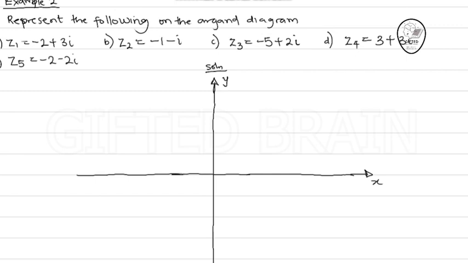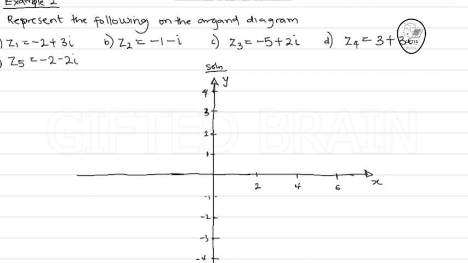Then we can scale our graph. So 2, 4, and then 6 here. Here we could have 1, 2, 3, 4 here, and this could be negative 1, negative 2, negative 3, and negative 4.